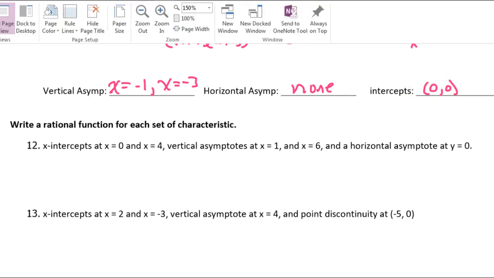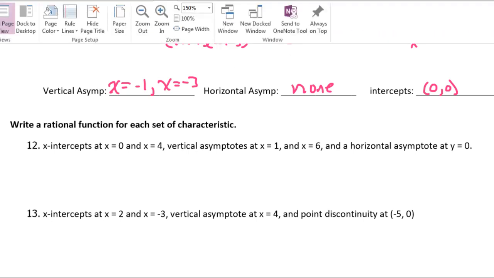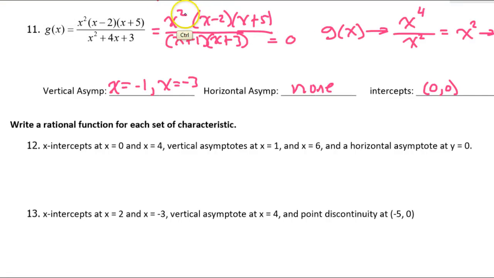Now, in addition to that, we might have more x-intercepts. The x-intercepts come from setting the numerator equal to 0. And if we set the numerator equal to 0, I'm going to get 0 from the x squared. If I set x squared equal to 0, I'm going to get 0. So that's where the 0, 0 comes from.